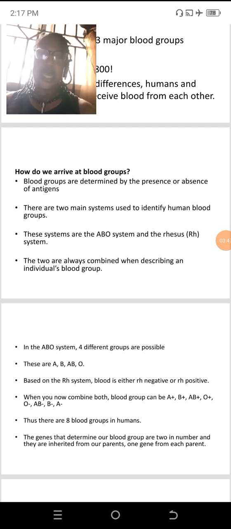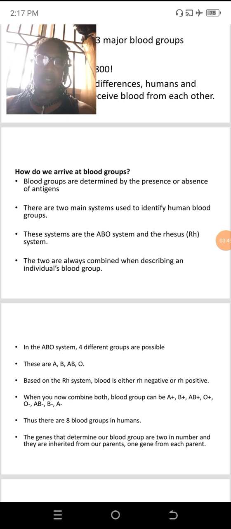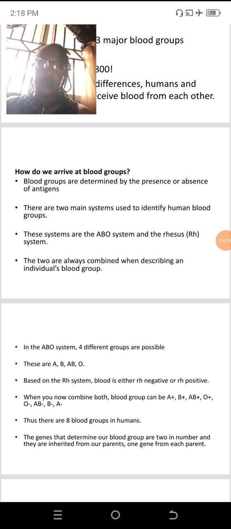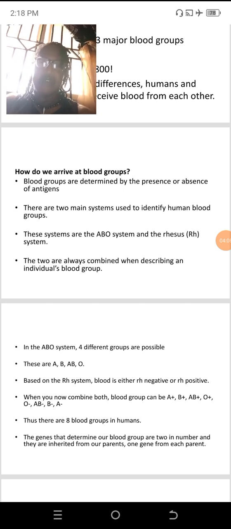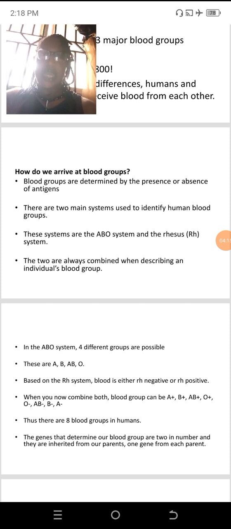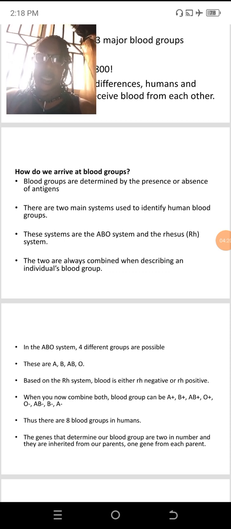So in combining the two systems, we now have A positive, B positive, AB positive, O positive, O negative, AB negative, B negative, and A negative. So what that means is that we have 8 blood groups in humans. So human beings can belong to any of the 8 blood groups that we just mentioned here.